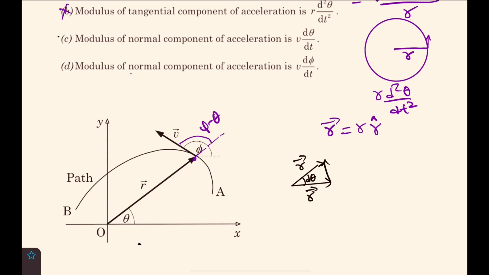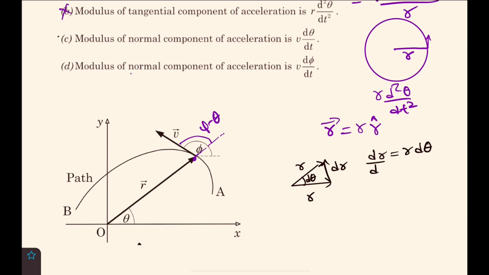The magnitude of this dr vector, I'm just removing the vector sign, I'll just discuss magnitude right now, will be r into d theta, because theta is very small.